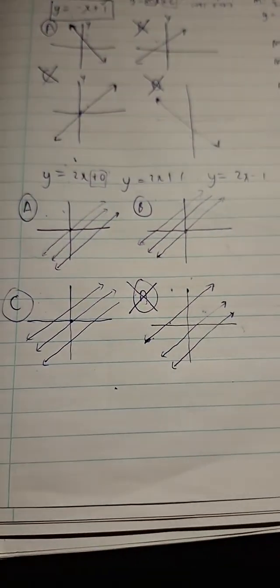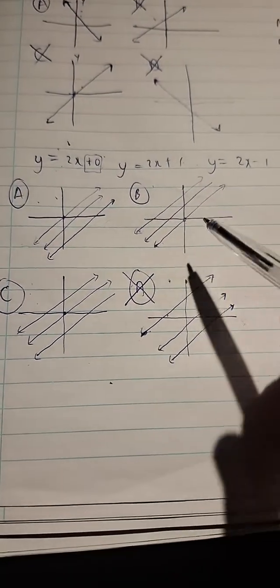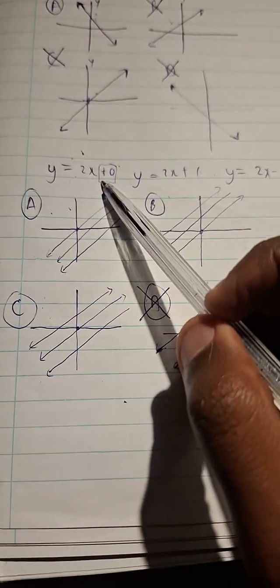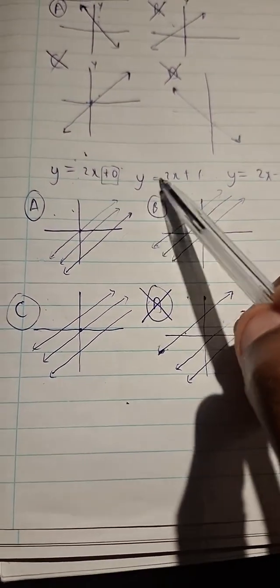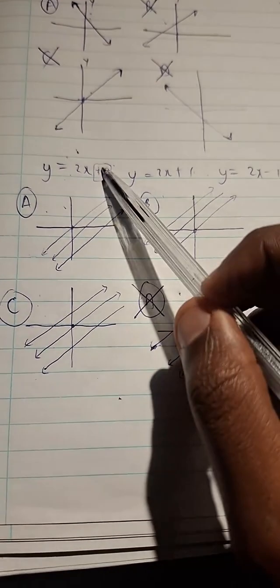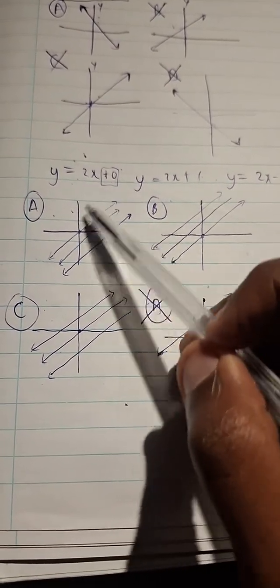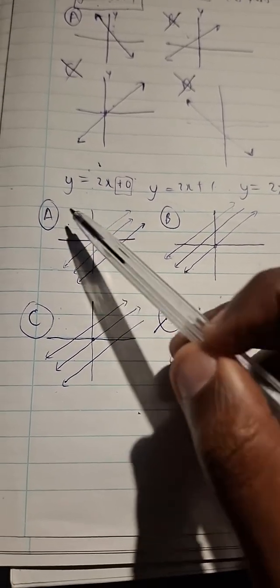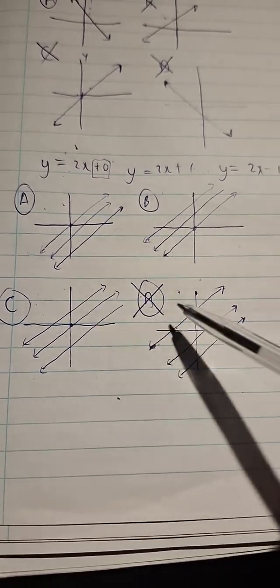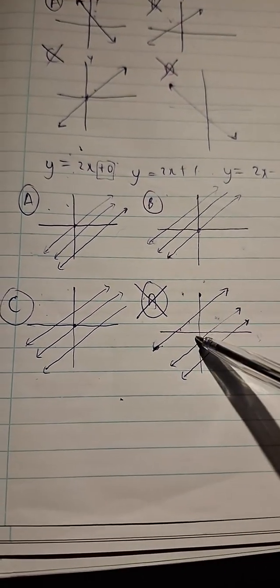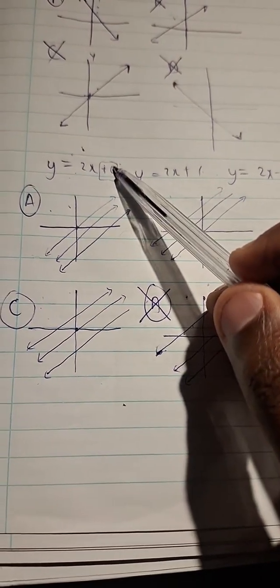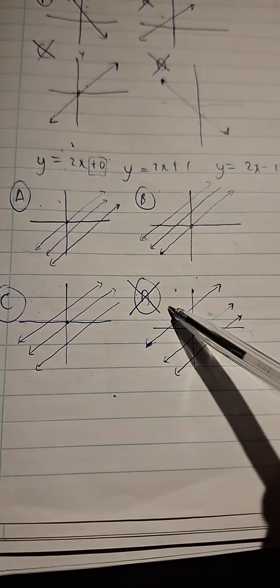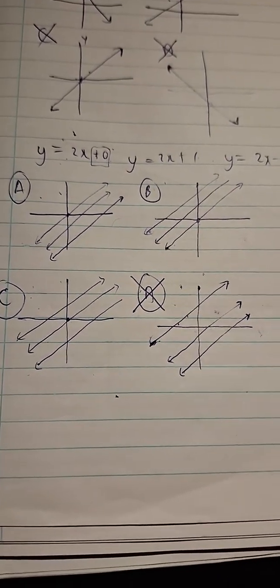So that means I can eliminate D. It's not even an option I can go to, because out of the three graphs, one of them should cut the y-axis at 0. A, B, and C do that, but for D, none of the three lines cut through the origin. So I'm going to suspend D.